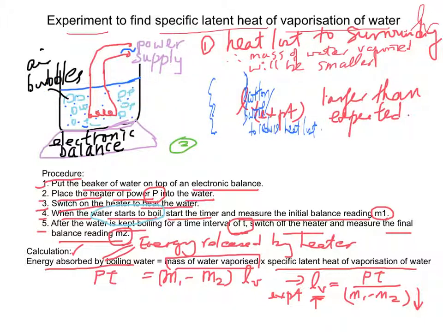The second error is that some water vapor at the top of the beaker will condense back to the beaker.